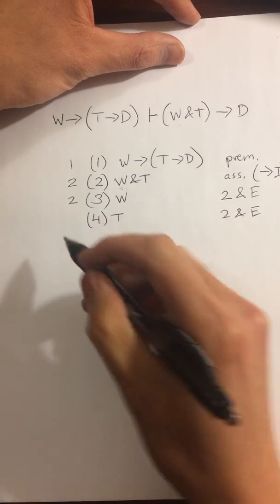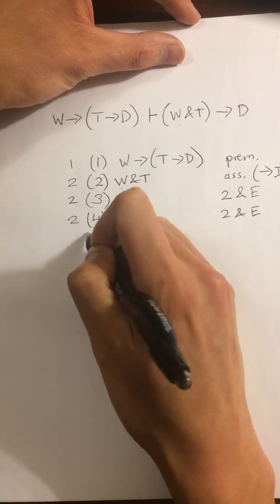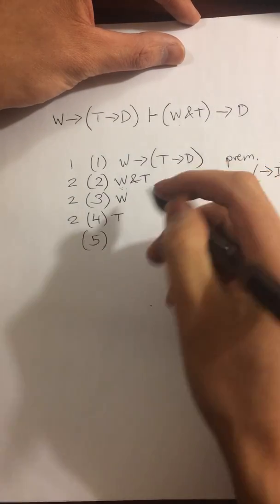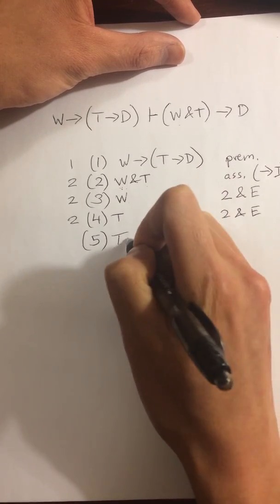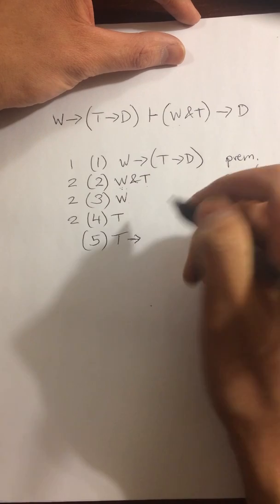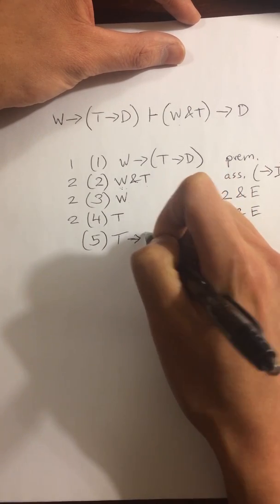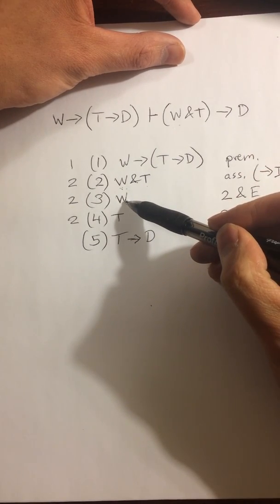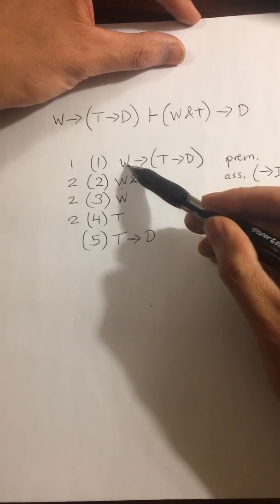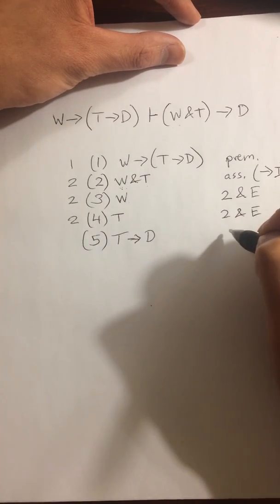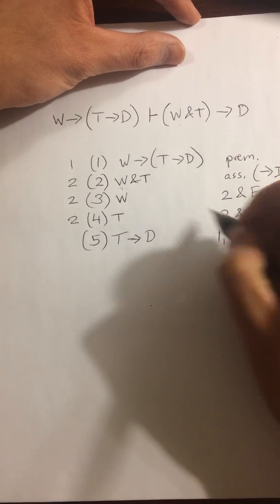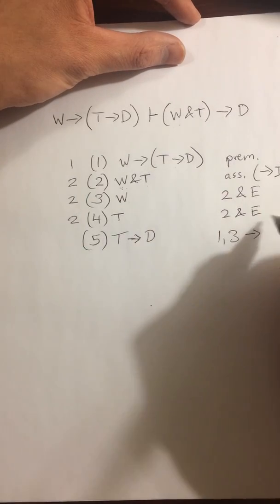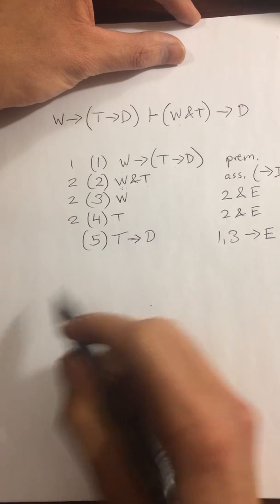So here I have W and I have T. Once I do so, I can use an additional rule, the rule of arrow elimination, which I'll go over in a subsequent video, to derive T arrow D. Since I have the antecedent, which is on 3, and the full conditional, which is on 1, which is my premise, from 1 and 3, I may derive the consequent with arrow elimination.